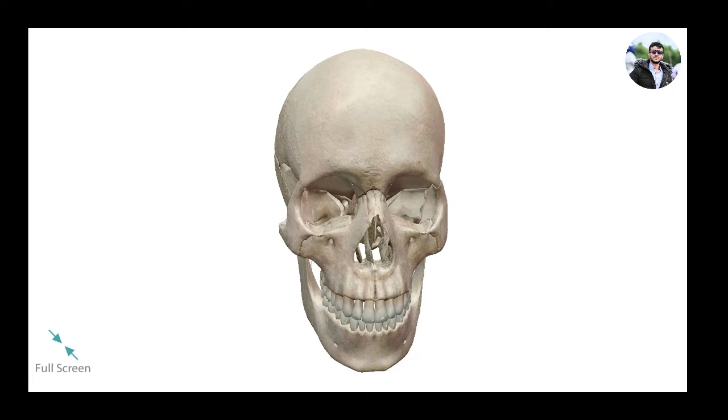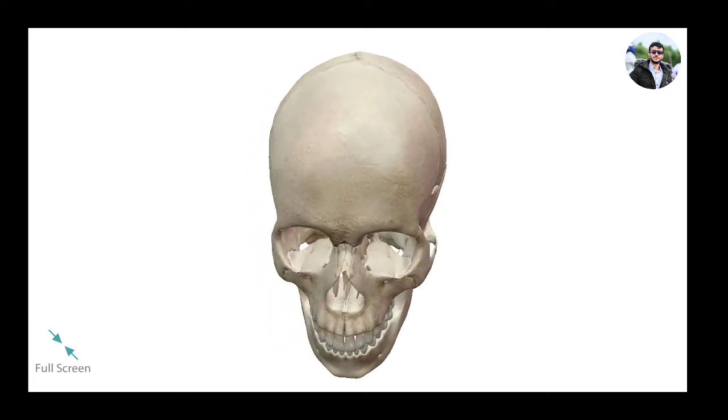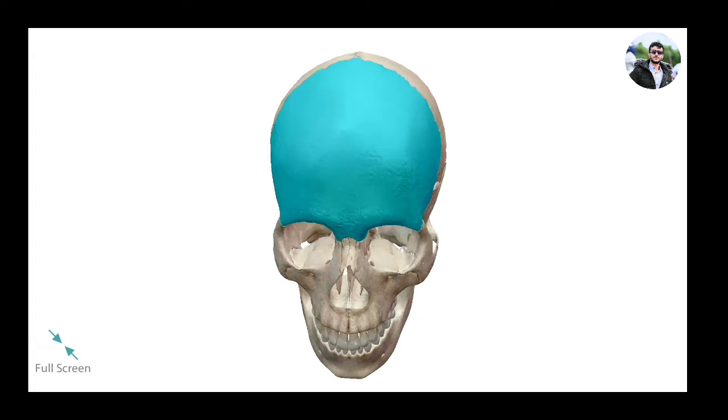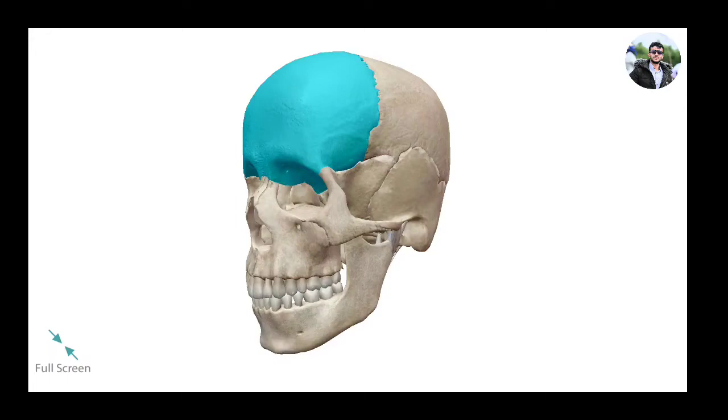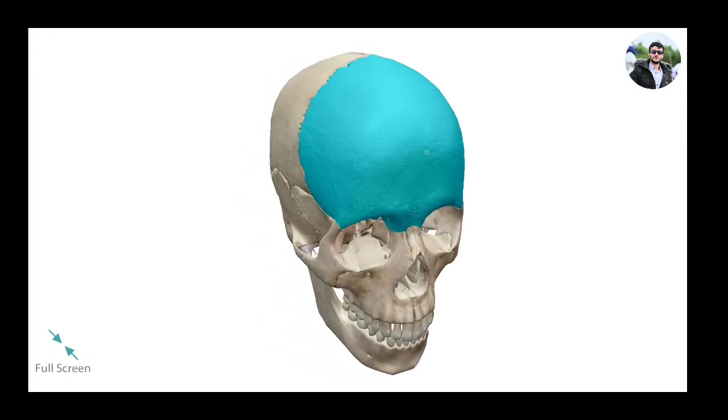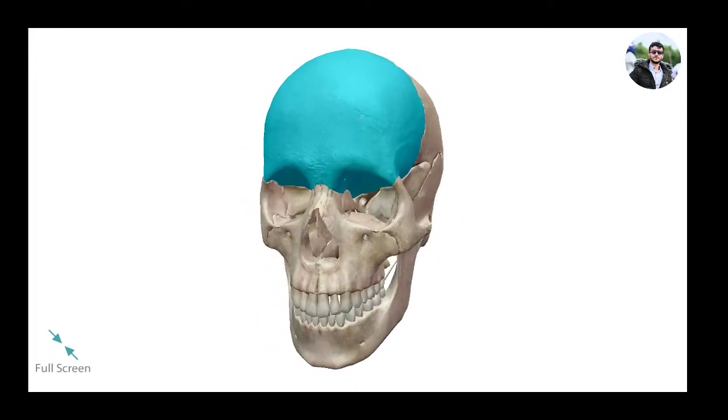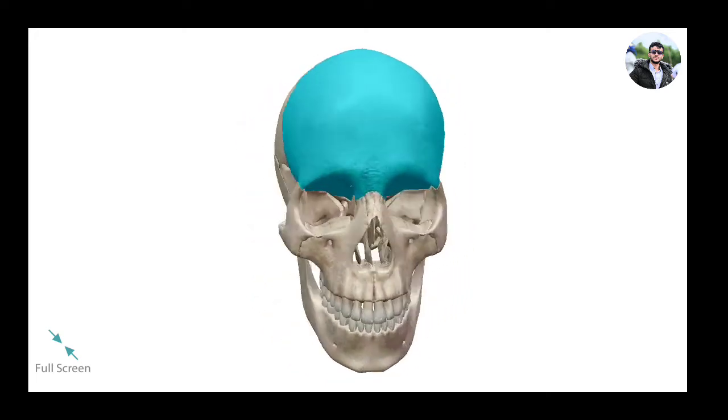As we can see in this 3D aspect, this is the first bone, called the frontal bone, and it is the frontal superior part of the skull.